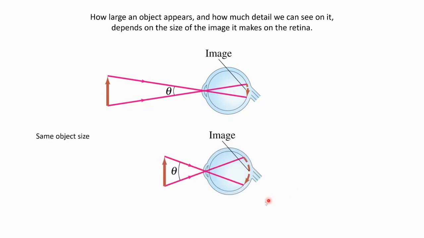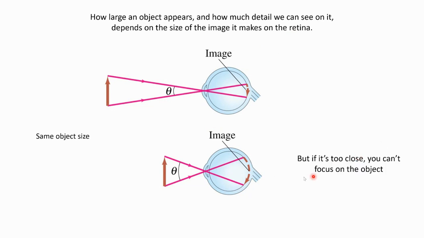You move it closer to your eye. So here is the same object, closer. And you can see that as a result of it being closer, the image on your retina is now bigger. And that's why you can see the details better. And so how large an object appears and how much detail you can see in it depends on the size of the image that it makes on the retina.